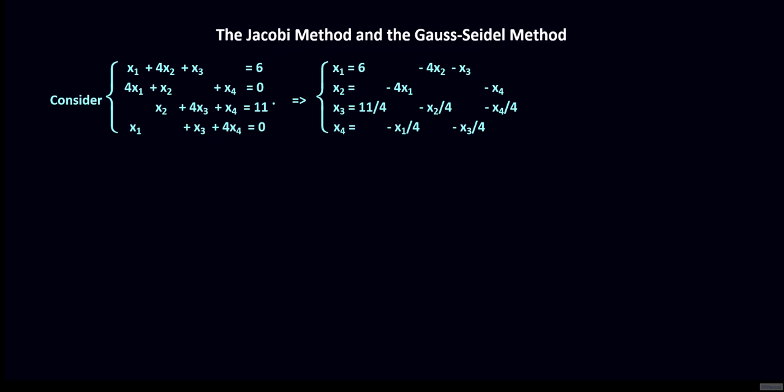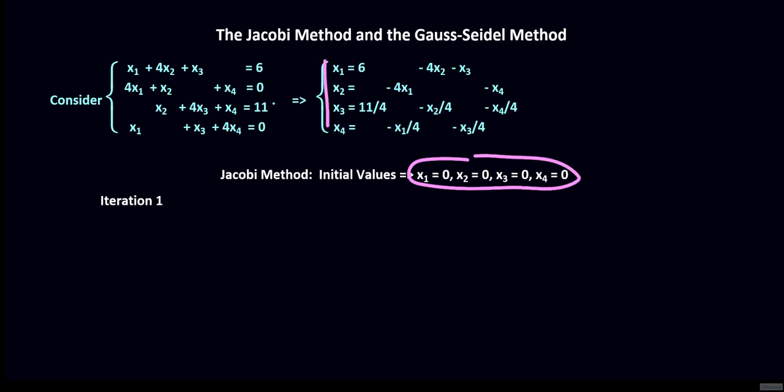We first demonstrate the Jacobi method with 3 iterations. We begin by guessing at the exact solution. Although any guess is as good as any, let's have x1, x2, x3, and x4 each start at 0. For the first iteration, we plug our initial guess into the new system of equations.